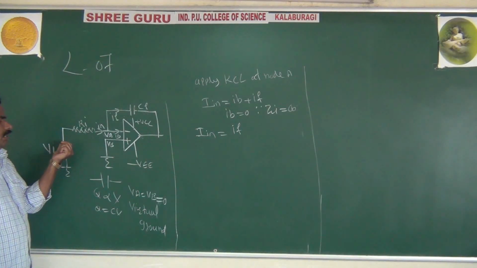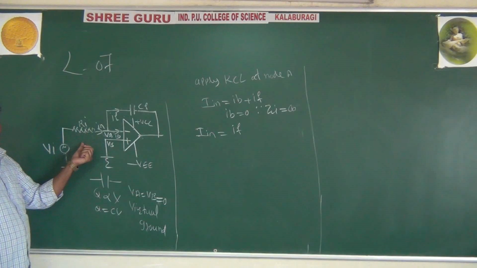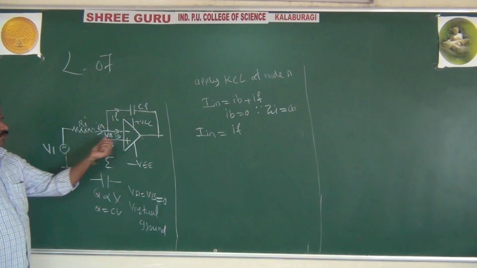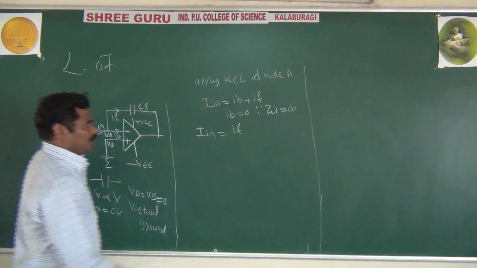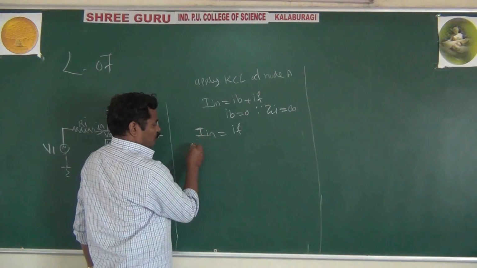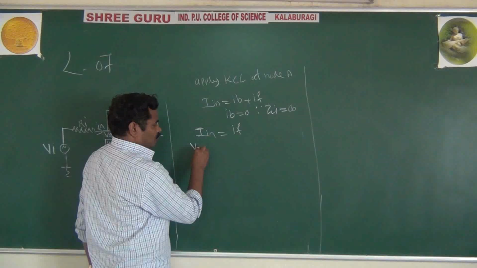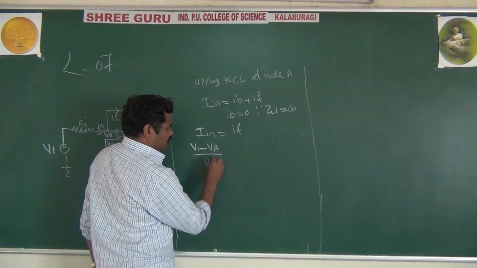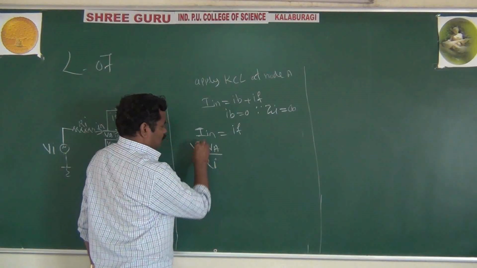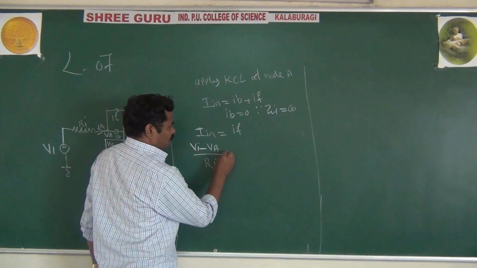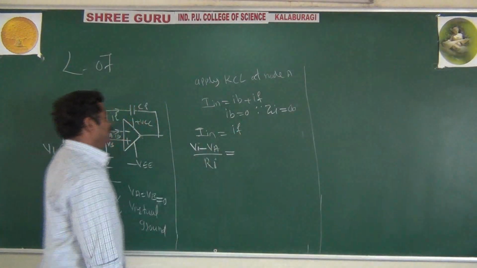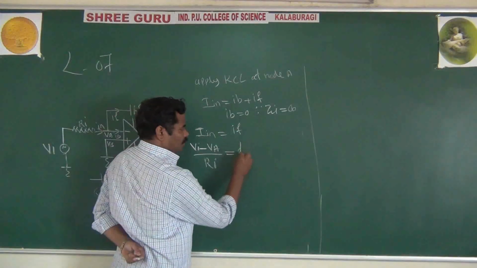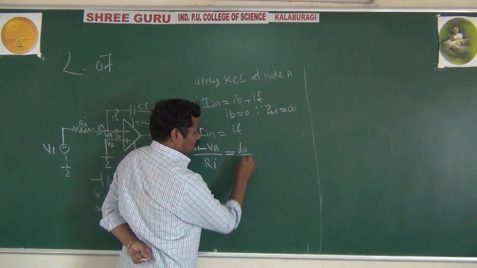On the input side, I in is Vi minus Va by Ri, as we got in the inverting and non-inverting amplifiers. And as usual, since IF flows through a capacitor, I can write dq by dt.